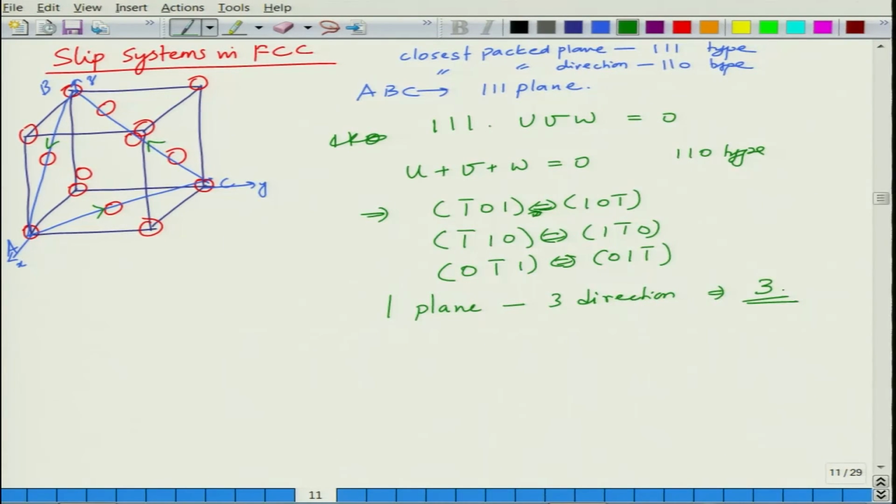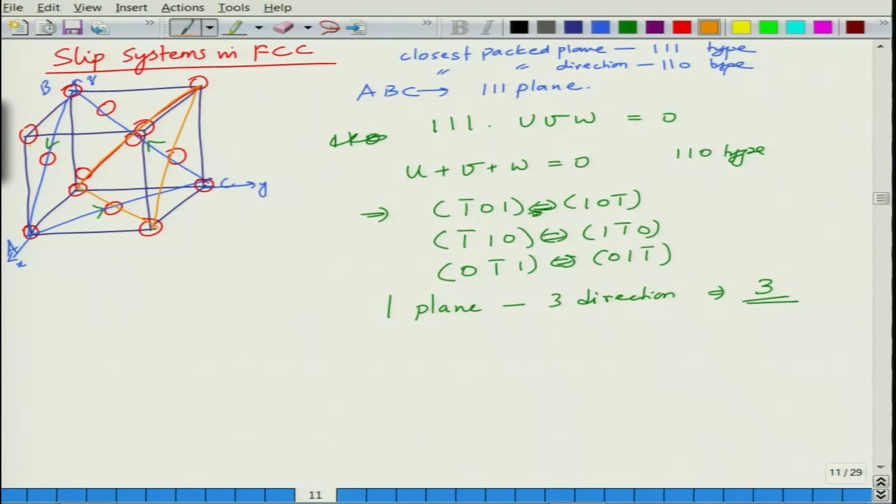Likewise, in an FCC crystal you may have multiple 111 planes. This is one 111 plane, the second 111 plane is this. Let us use a different color. This is another 111 plane.